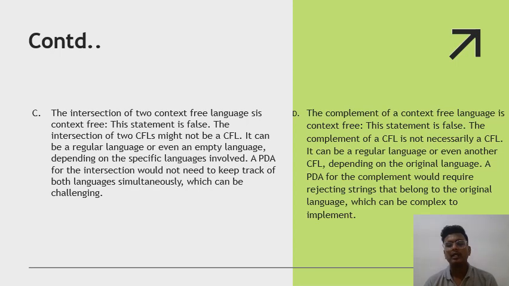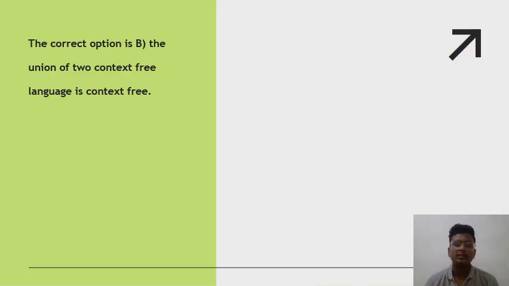It can be a regular language or even another CFL, depending on the original language. A push-down automaton for the complement would require rejecting strings that belong to the original language, which can be complex to implement. So we can say that the correct option is B. The union of two context-free languages is always context-free.